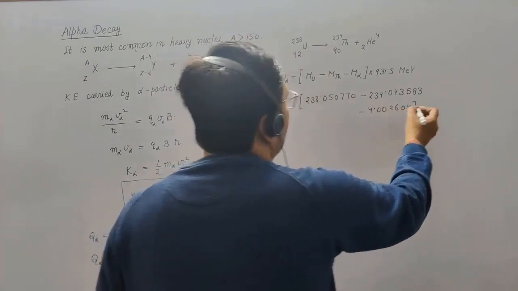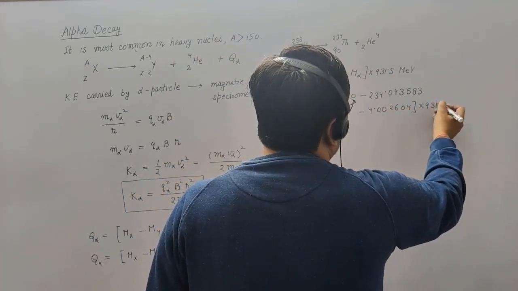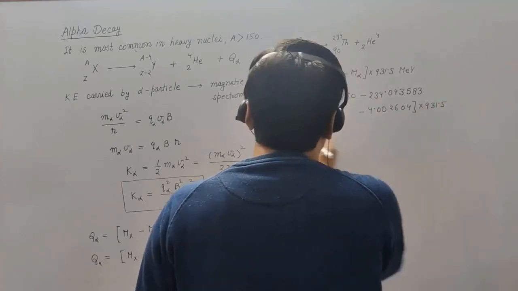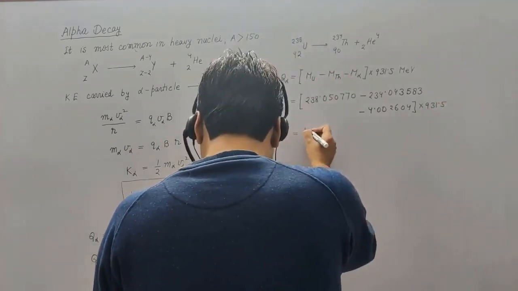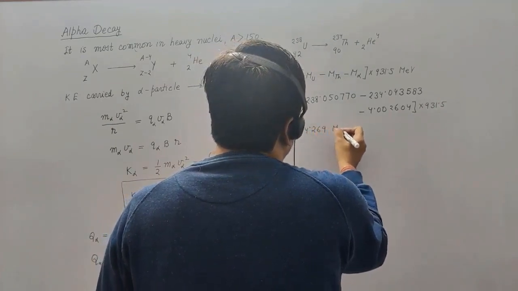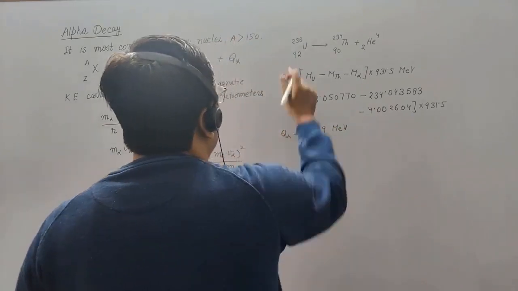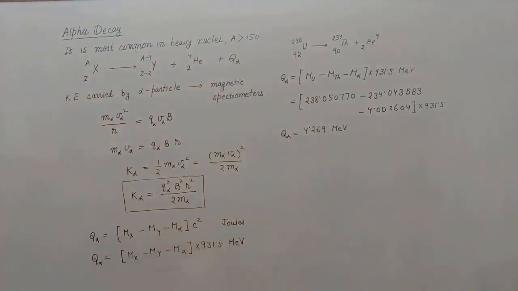All these three masses are in AMU. Multiply this by 931.5 and your answer will be equal to 4.269 MeV. So this will be the Q value for this alpha decay of 92 uranium 238.